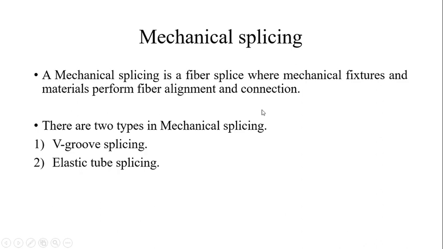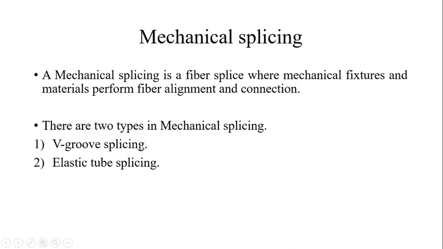The second way is active alignment, which involves the use of light for accurate fiber connections. So these are the two ways used in mechanical splicing: passive alignment and active alignment.